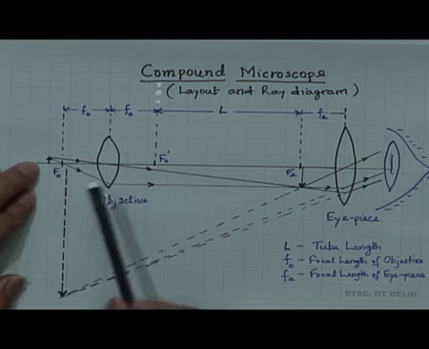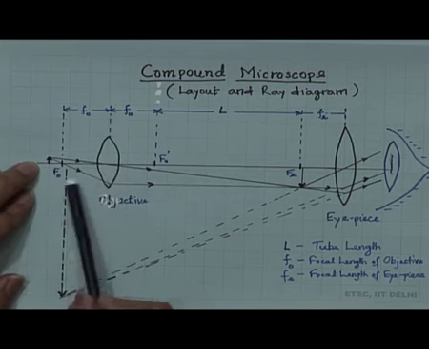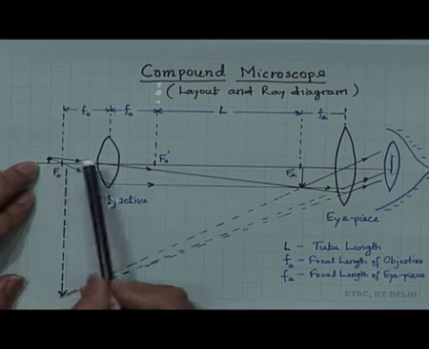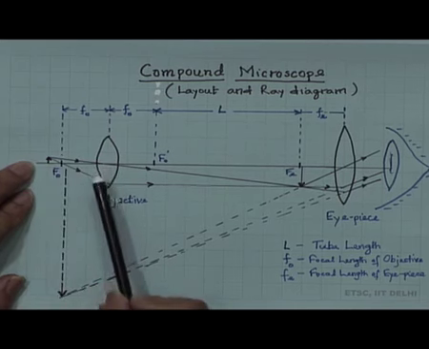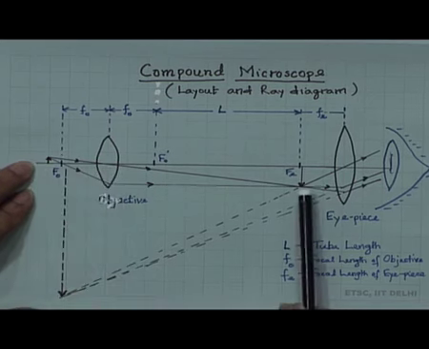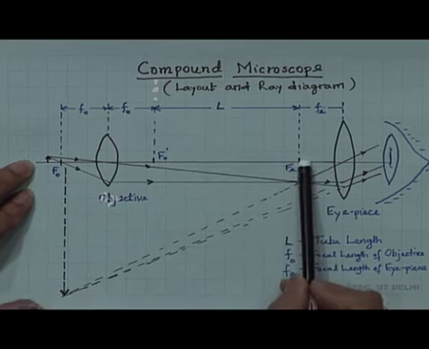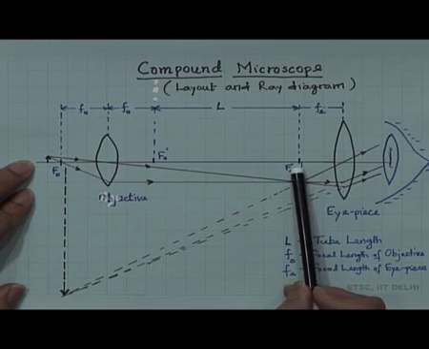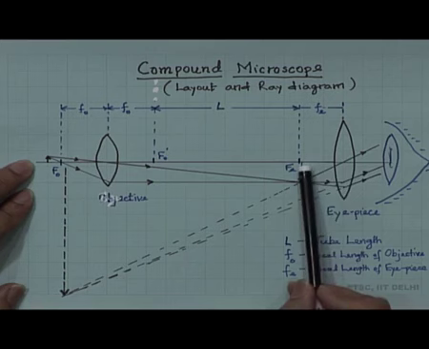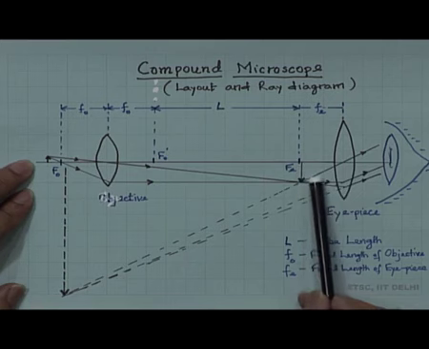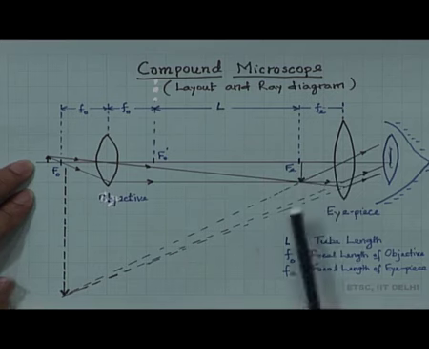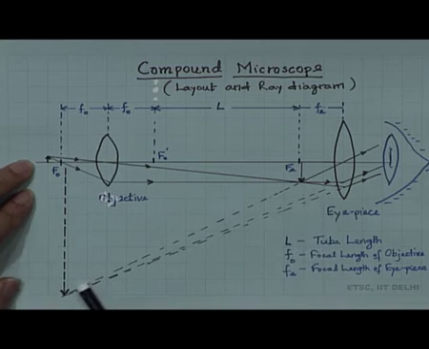That is why I showed you there is a knob which changes the separation between the object and the objective. By changing this we can make the real image form very close to the focus of the eyepiece, but within the focal length, that is slightly less than the focal length here, so that we get a magnified virtual image.